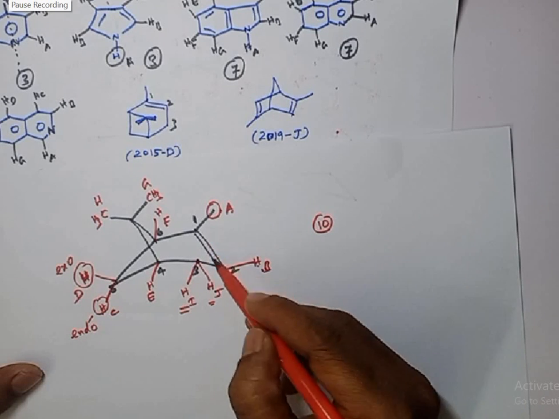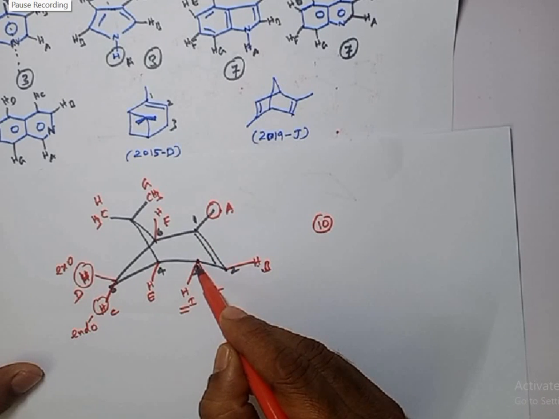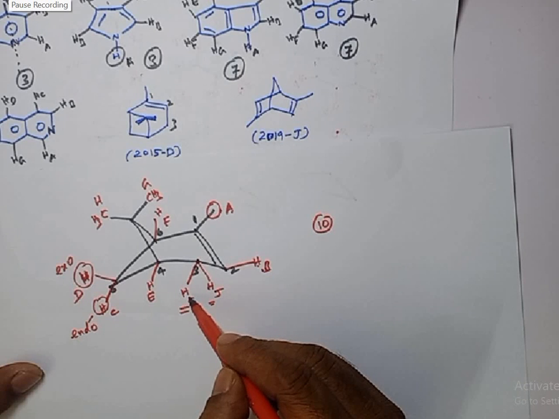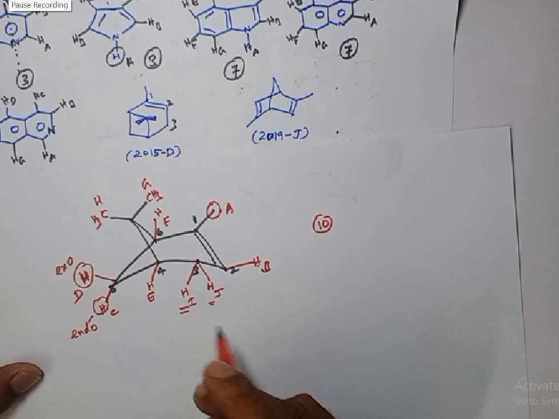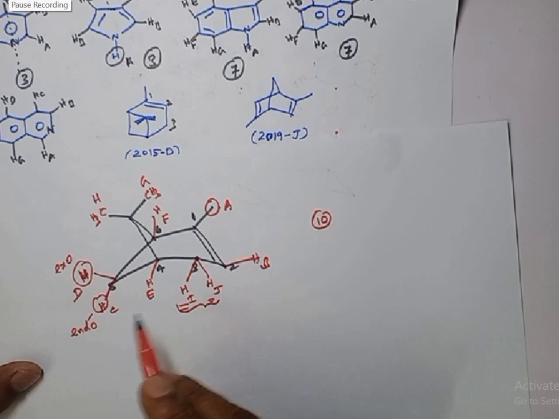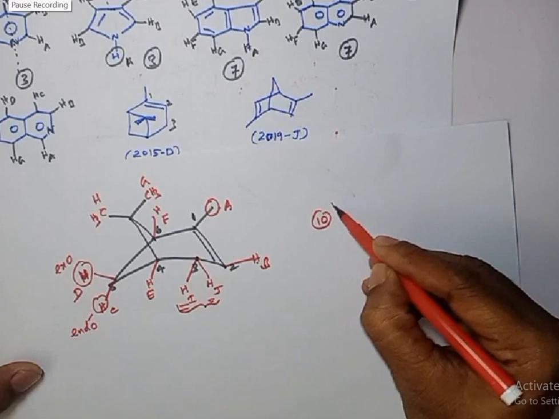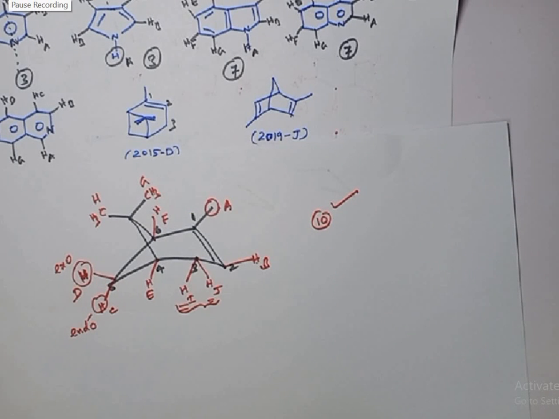Okay, here I have a cis-trans isomer, and this carbon, if I replace one hydrogen by a different group, yes, these two hydrogens are diastereotopic hydrogens, so they'll give different signals. So this compound will show totally 10 signals in the NMR spectrum. Okay, 10.